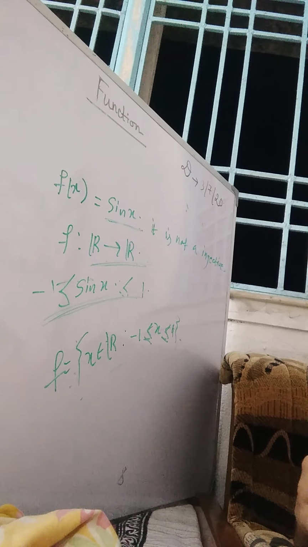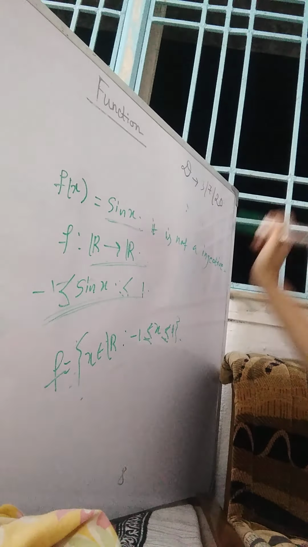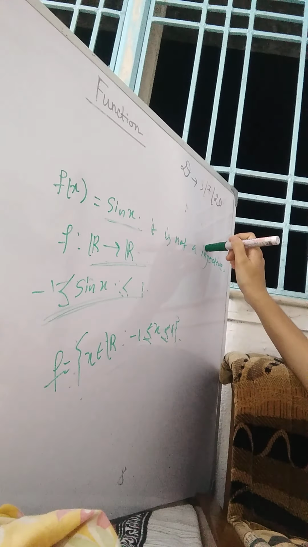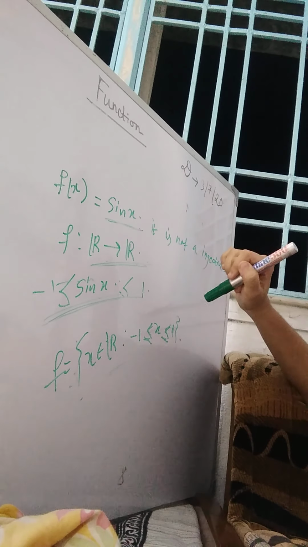That's why it is not a surjective function. Therefore, f of x equals sin x is not a one-one function, and it is also not an onto function.